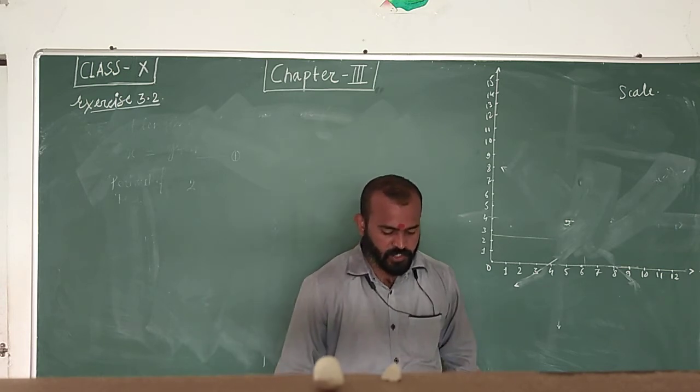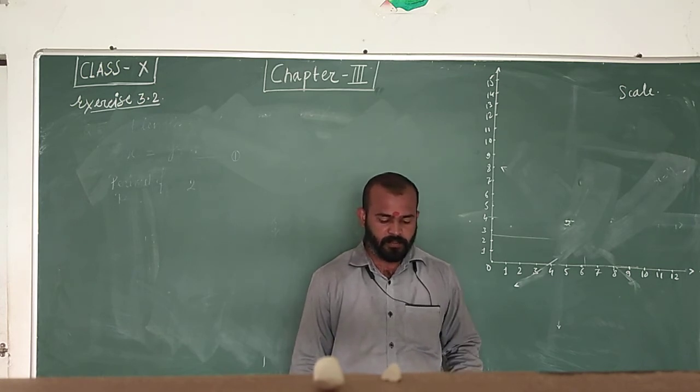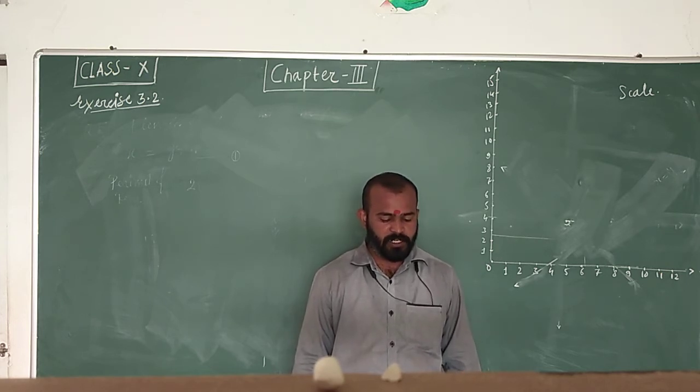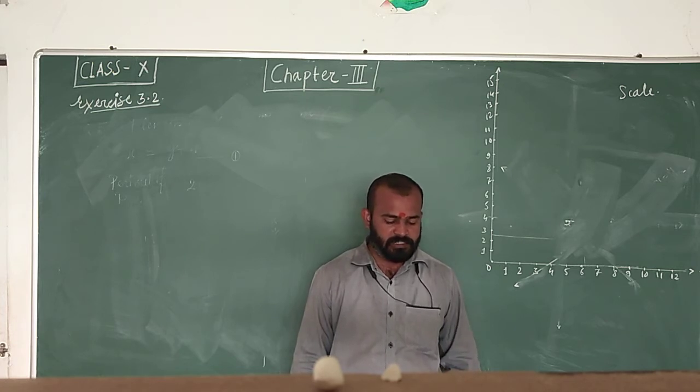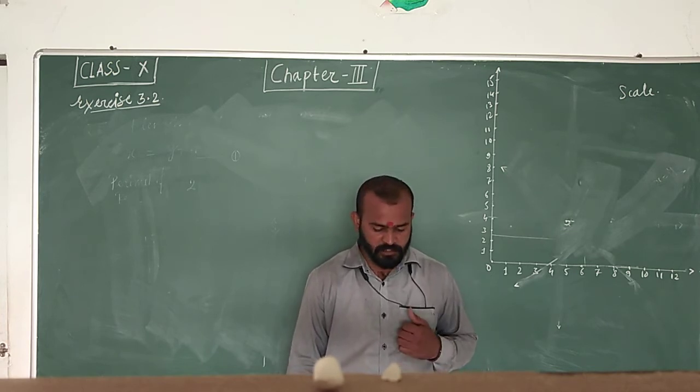Given linear equation 2x plus 3y minus 8 equals to 0, write another linear equation in two variables such that the geometrical representation of the pair so formed is intersecting lines, parallel lines, and coincident lines.